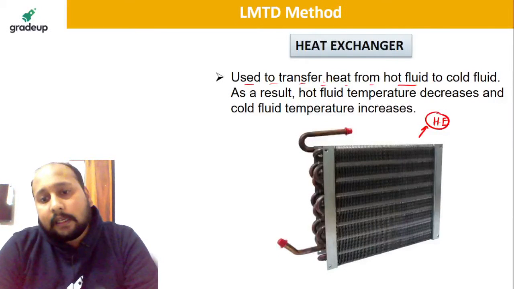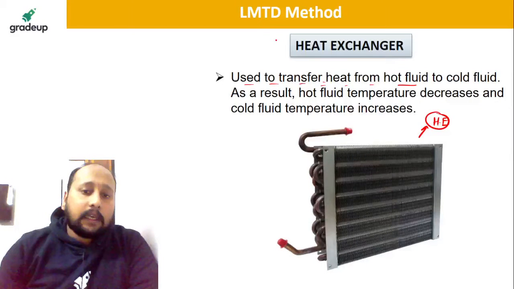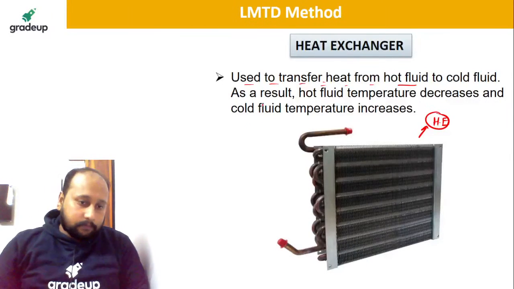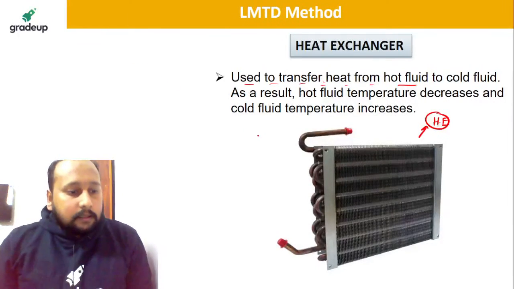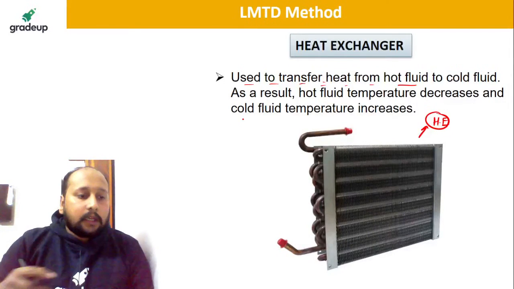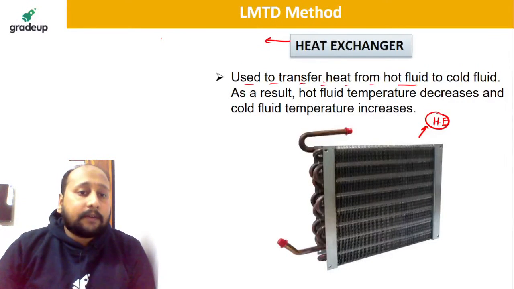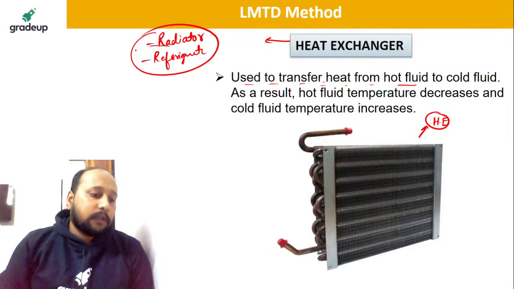Okay, so basically you definitely might have seen it on the backside of the refrigerator. If you have observed the backside of the refrigerator, or the front side of the car, that place we call a radiator. Radiator or refrigerator backside, these are basically examples of a heat exchanger.